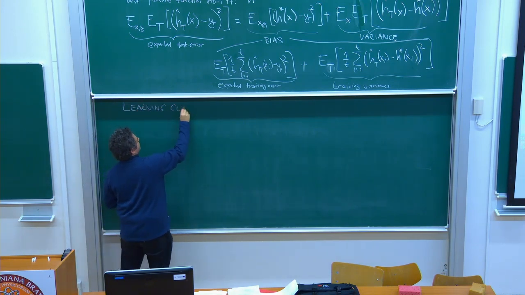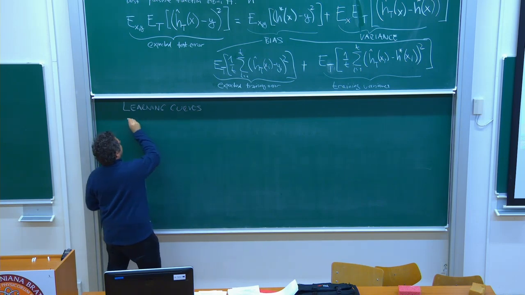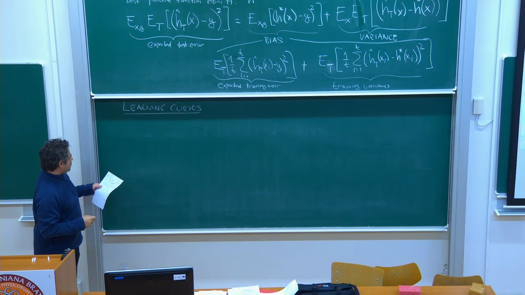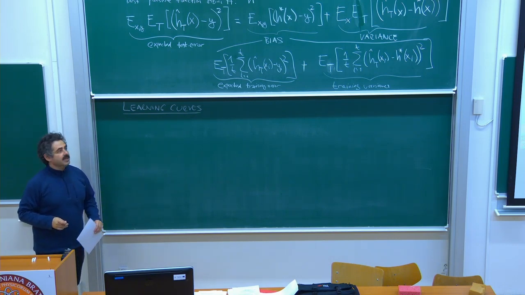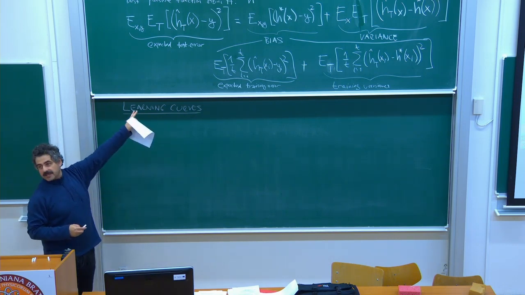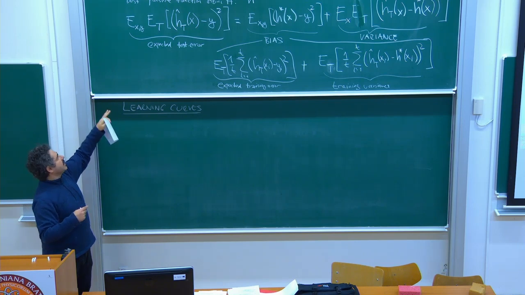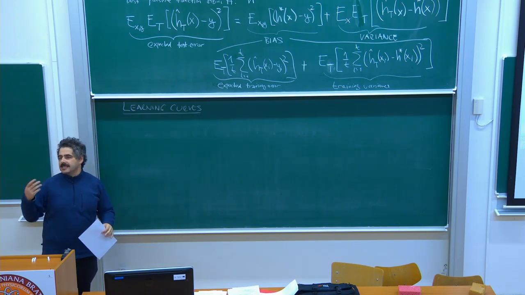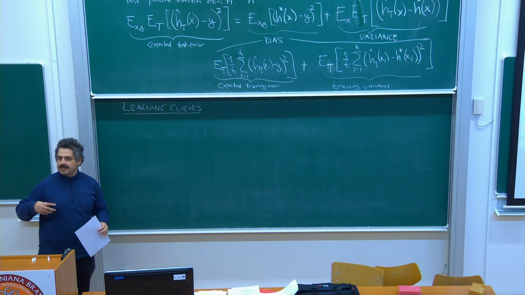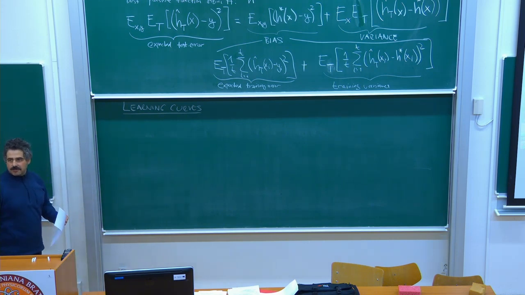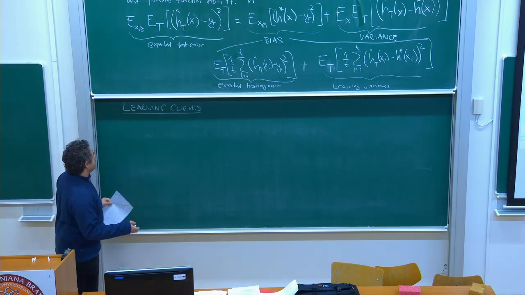Now we can look at how the training error, testing error, the size of the training set, and the complexity of the hypothesis class that we are selecting from are related. So this is what we are doing in this picture.